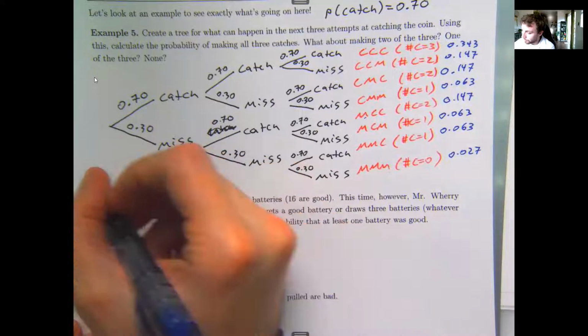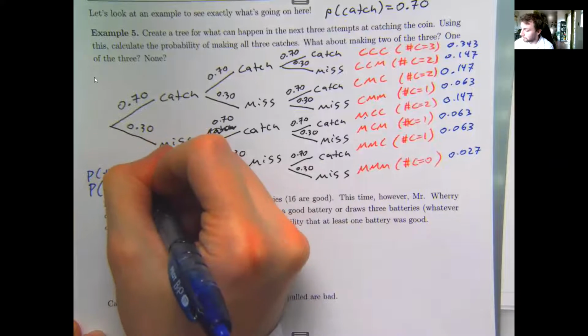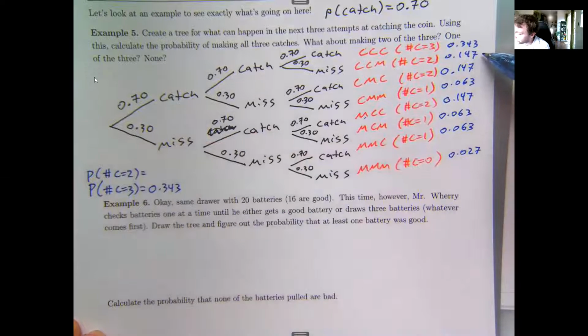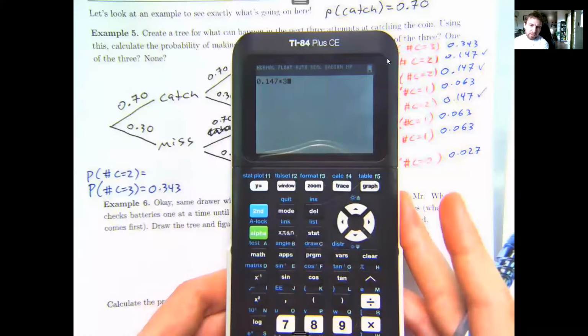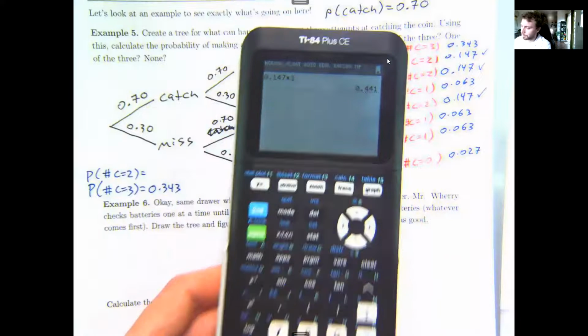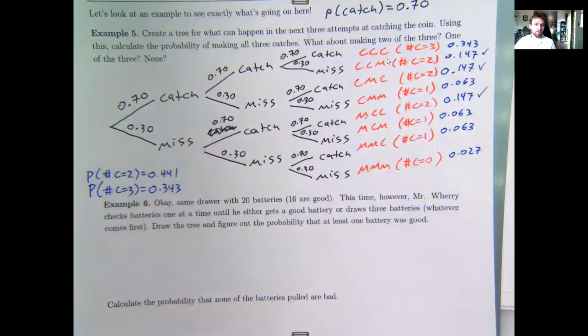If you wanted the probability of 2 catches, you'd have to add up all these probabilities for 2 catches. In this case, that looks like 14.7 showing up 3 times, giving me a probability of 44.1.